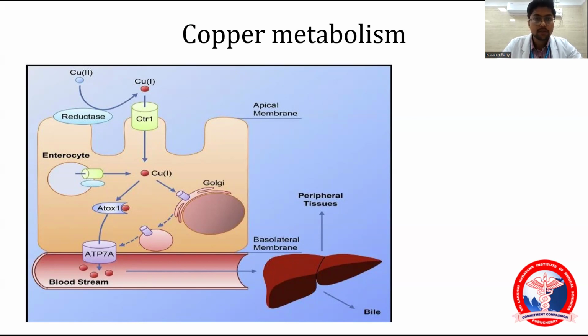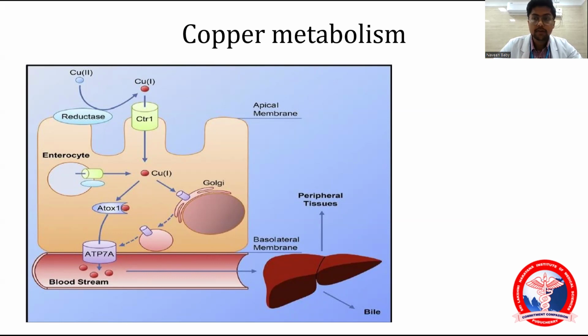One is the copper transporter 1, CTR1. There is another transporter called the divalent metal transporter 1. We would have previously read about this divalent metal transporter 1 when we were reading about iron transport. It is more commonly associated with iron transport into the enterocyte, but it is also one of the transporters for copper from the lumen into the enterocyte.